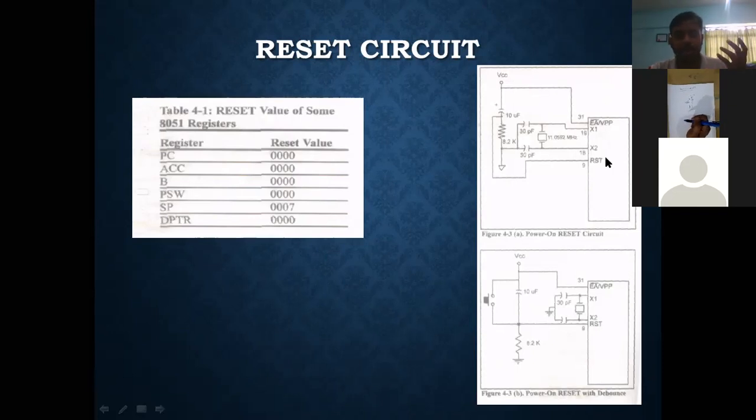So this pin is pin number 9. If any positive pulse is given to this pin, then the microcontroller will be reset. Just remember, if a high signal is given to pin number 9, then this 8051 will be reset.